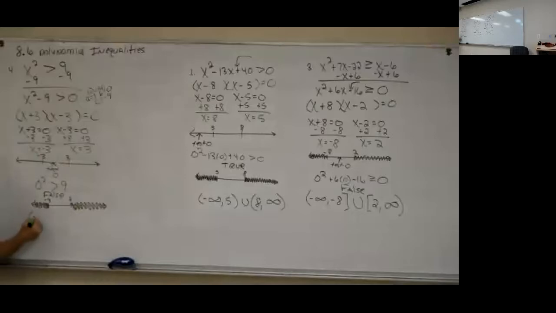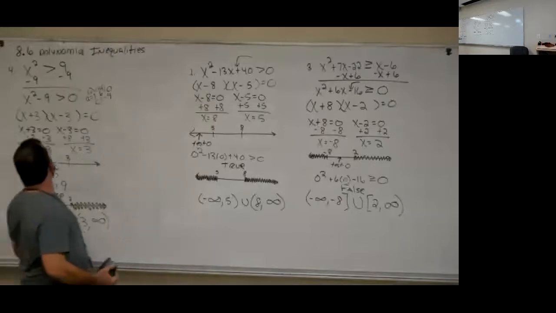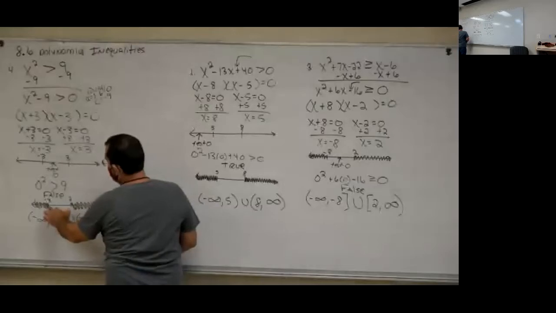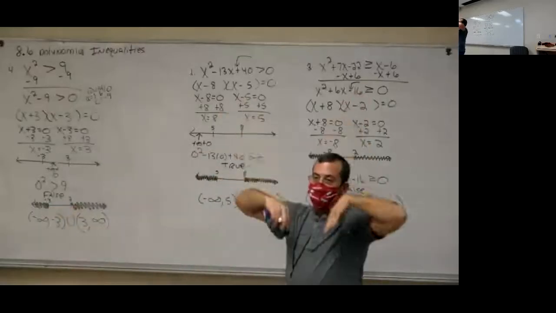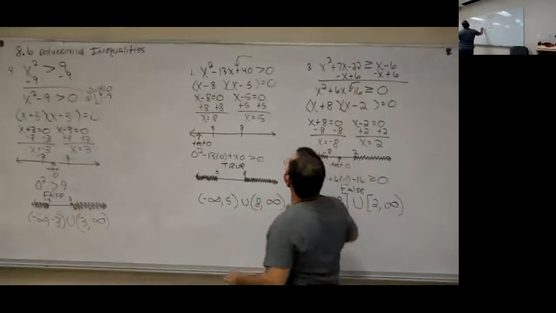So we're going to go from -infinity to -3, parentheses, union, parentheses from 3 to +infinity. And like I said on this one, if you graphed it, from -3 to 3 would be under the x-axis. Everything else would be above it, okay?